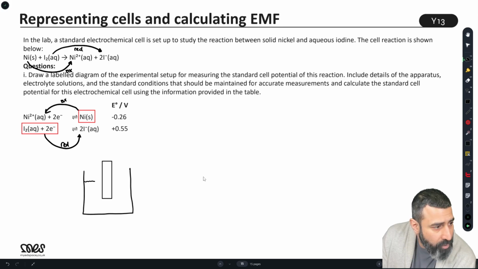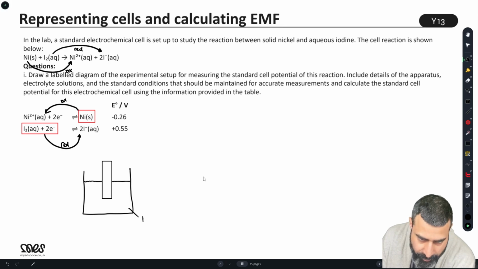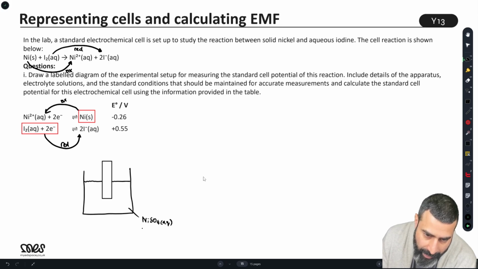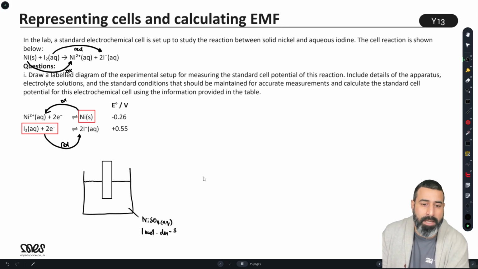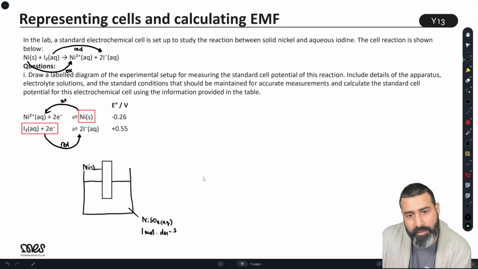So this could be nickel sulfate, aq, and under standard conditions it's got to be 1 mole per decimeter cubed, okay? And this is my nickel metal, so my nickel solid.